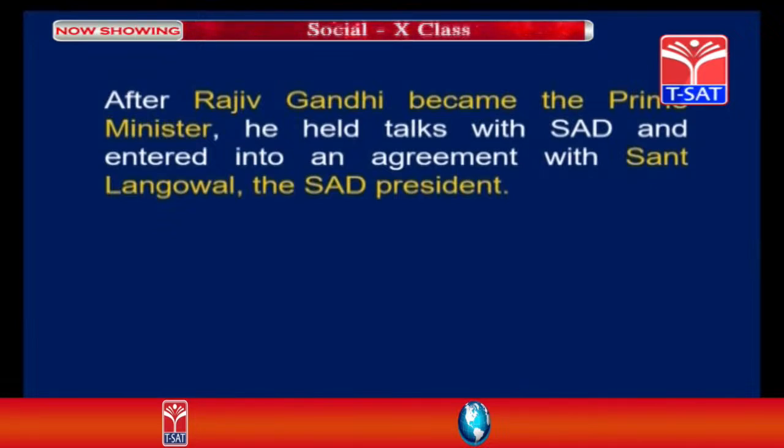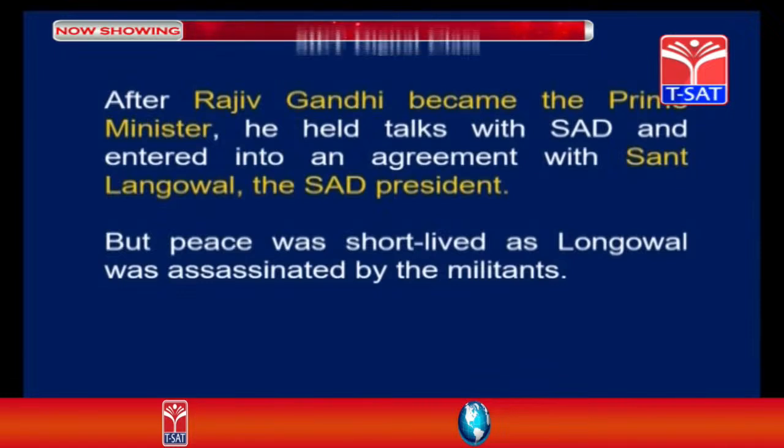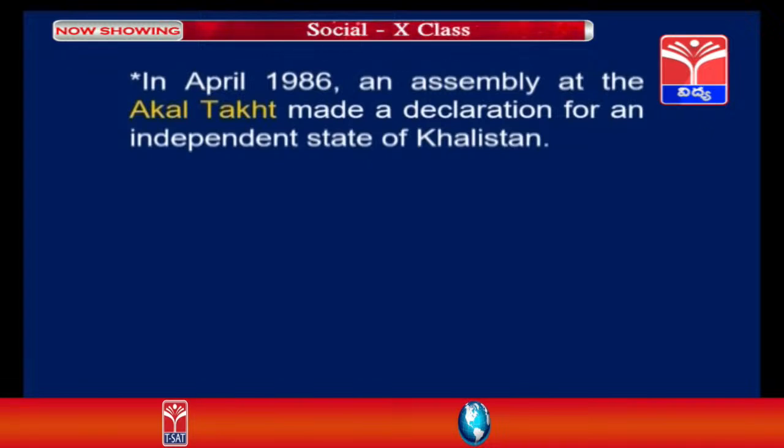But this also could not find the solution because Longowal was assassinated by the militants. In April 1986, an assembly at the Akal Takht made a declaration for the independent state of Khalistan.